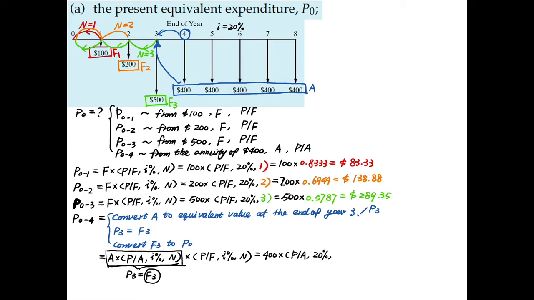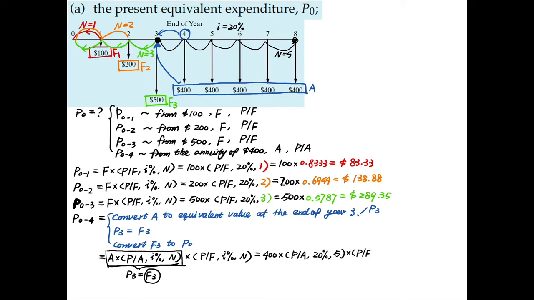So for all the annuities, how many times between one period before to the end? It's 1, 2, 3, 4, 5. So for this annuity problem, the n is 5.